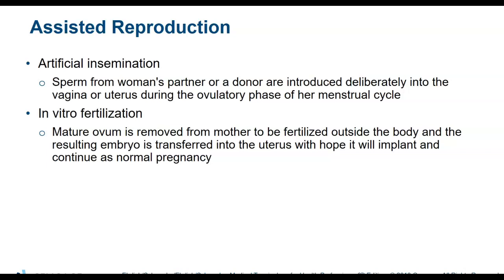In vitro fertilization is when a mature ovum is removed from the mom to be fertilized outside of the body, and then they put a sperm with that ovum. That fertilizes, they have an embryo, and then the embryo is transferred back into the uterus, hoping that's going to implant and continue as a normal pregnancy.